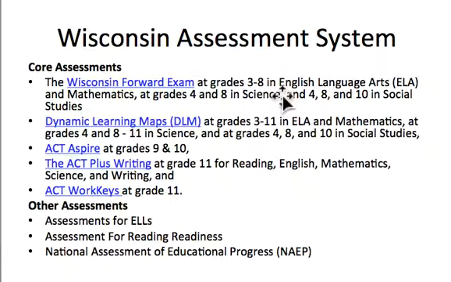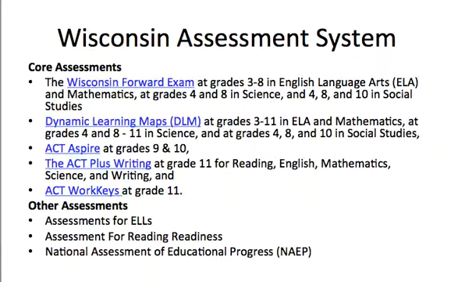A different assessment called Dynamic Learning Maps is used for ELA and mathematics and so on for students who are kind of non-traditional in some sense. You have the ACT Aspire for the higher grades, or ACT, call it ACT. You have the writing, WorkKeys, and so on.